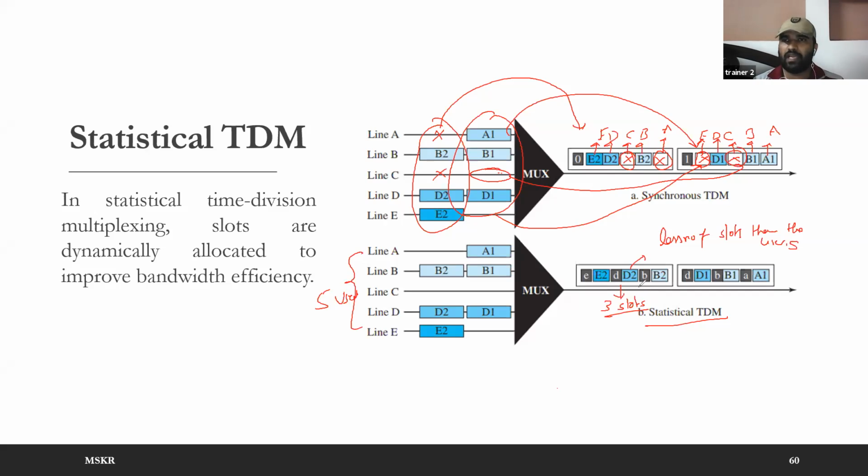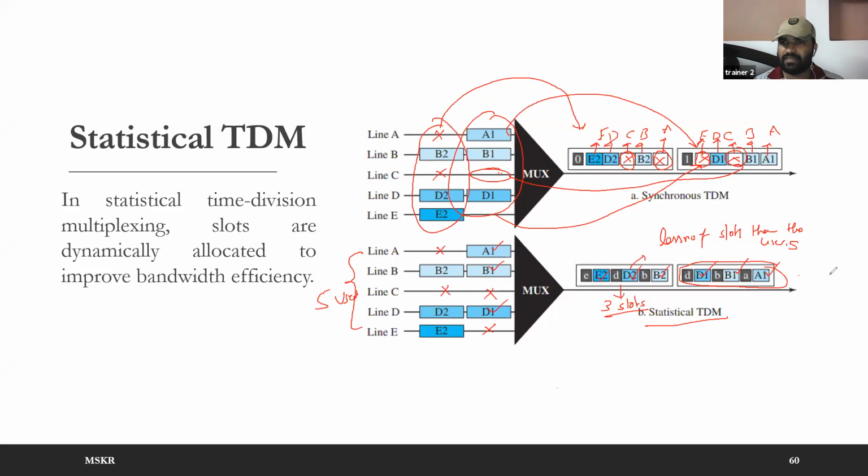You are only able to send 3 users' data in one frame. In the first frame, A data, B data, D data are there, and C and E have no data. So they send A's data, B's data, D's data, and they don't leave any empty slots. In the second frame there is no A data, so B data is there, there is no C data, D data is there, E data is there. Whoever has data, their data will be sent.